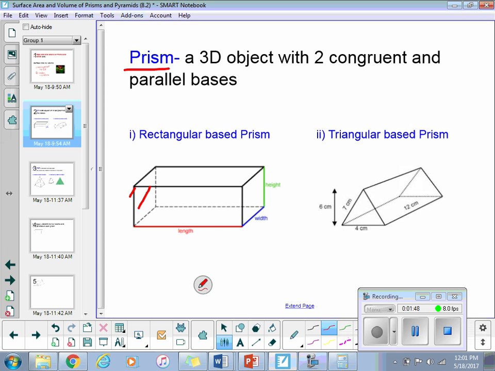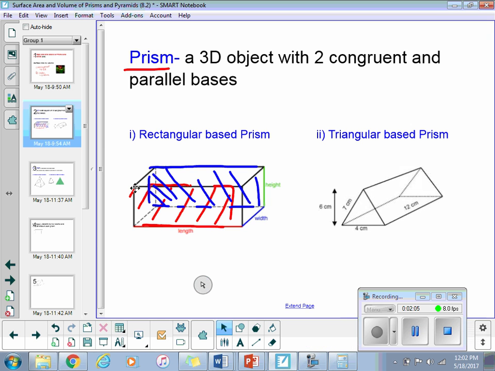If you imagine this side here, so this box over here, that's one base. And then behind on the back side, that would be another. I know it looks confusing, but those are two congruent bases.